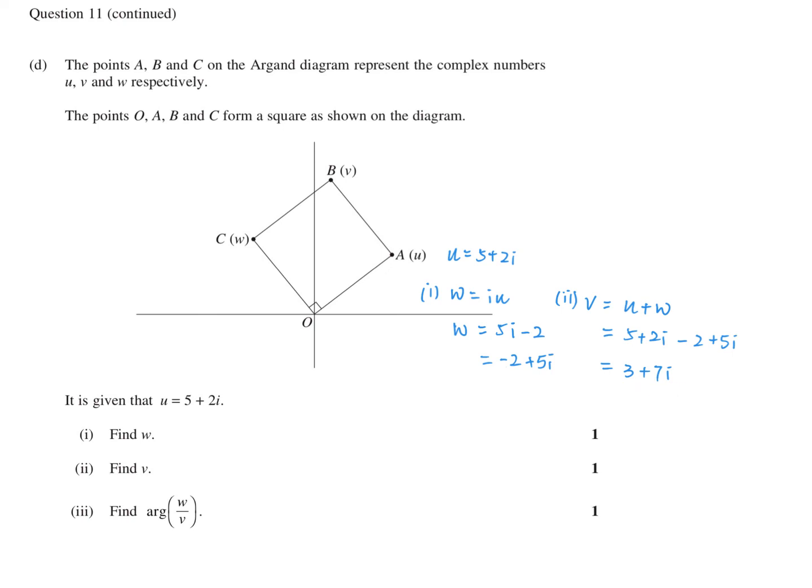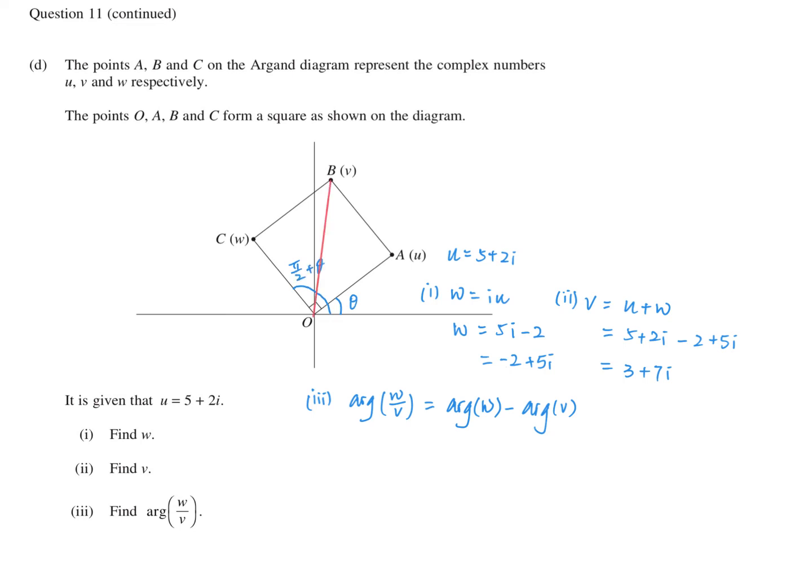Question 3 asks you to find the argument of W over V, and it is equivalent to finding the argument of W minus the argument of V. We know that by rotation of U by the angle of pi over 2, it goes to W. Therefore, if the argument of U is theta, then the argument of W should equal pi over 2 plus theta.